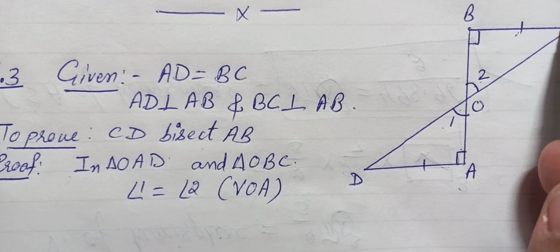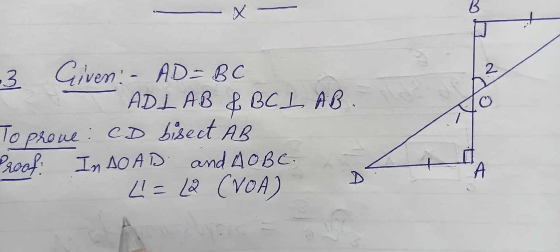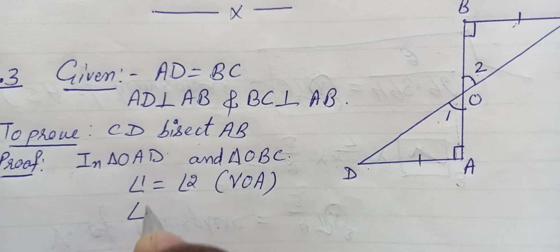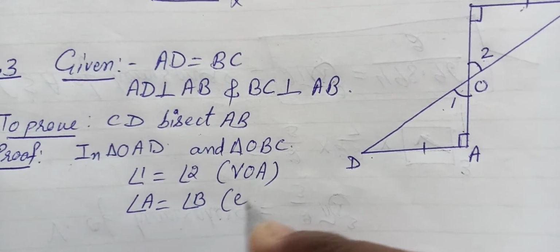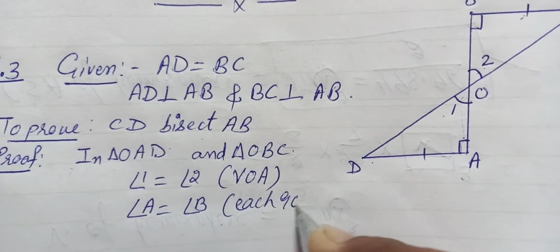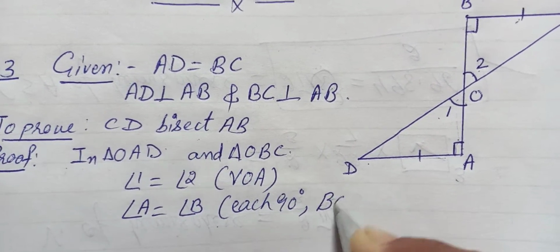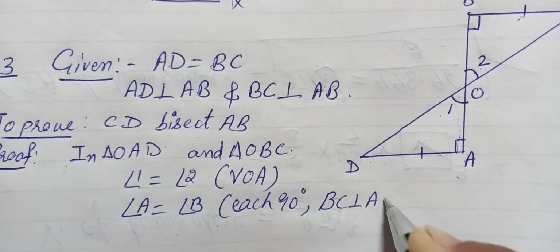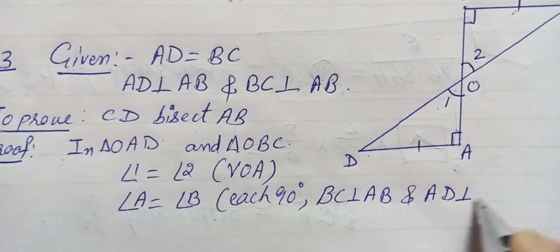Because BC and AD are perpendicular to AB. We will write angle A is equal to angle B, each 90-degree, because the side BC is perpendicular to AB and AD is also perpendicular to AB.